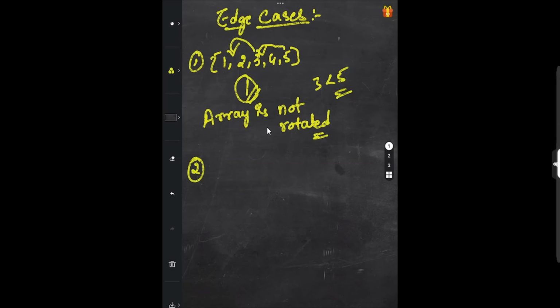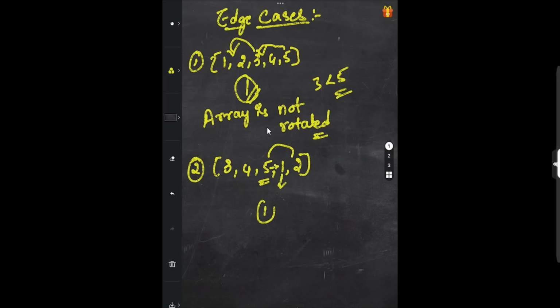Let's go with the second edge case: the minimum is the last element in rotation. Let me consider the input 3 4 5 1 2. First we'll compare the middle element. The middle element, 5, is greater than the last element. So the least element will be mid plus 1, the element next to the middle element, which is 1.